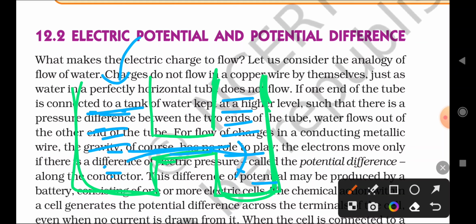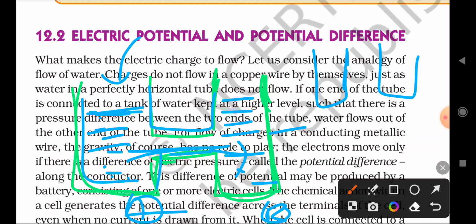After the container A and container B are completely filled with water, after a certain time the water level in container A and container B will remain the same, correct? Because there is no pressure difference between container A and container B, since they are placed on the same surface.